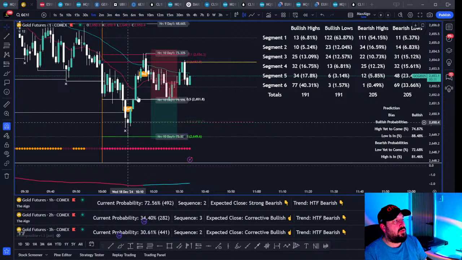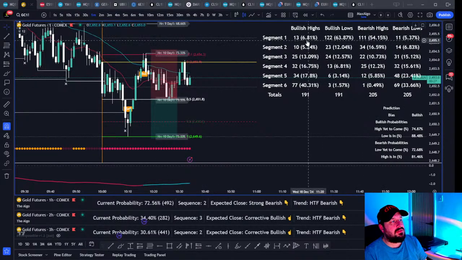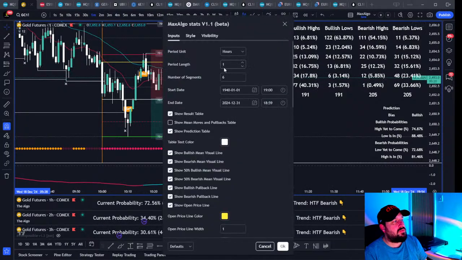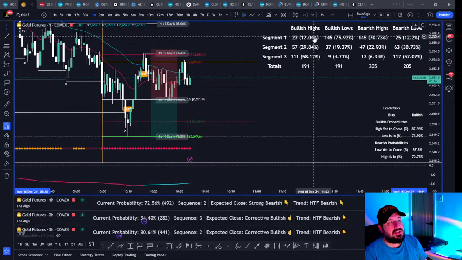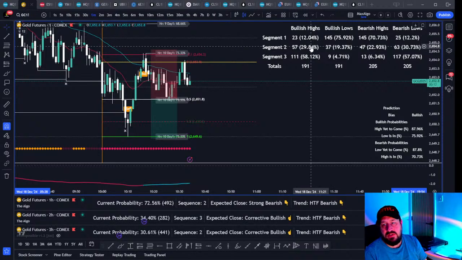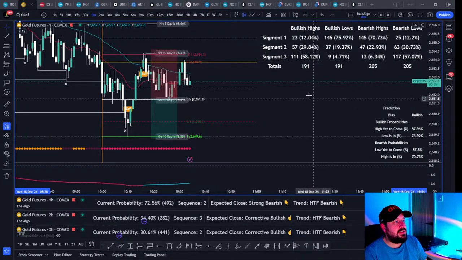If we are going to be bullish, then we expect the highs to be in the last half an hour. I'll put it into 3 segments just to make it easier. These are 20-minute segments: first 20 minutes, second 20 minutes, third 20 minutes. So you can see in the last 20 minutes, we expect the high and we expect the low.